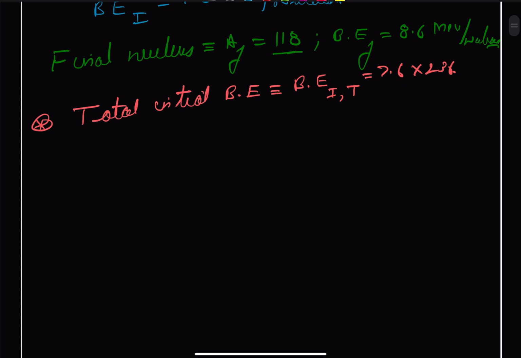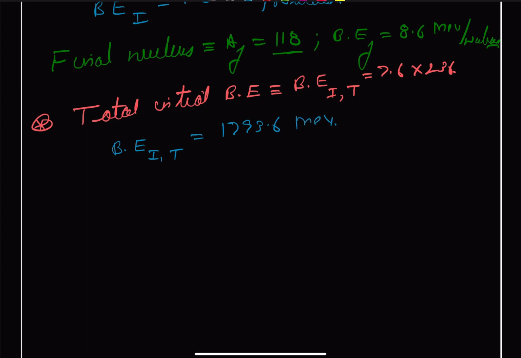So we get binding energy initial total will be equal to 1793.6 mega electron volt.